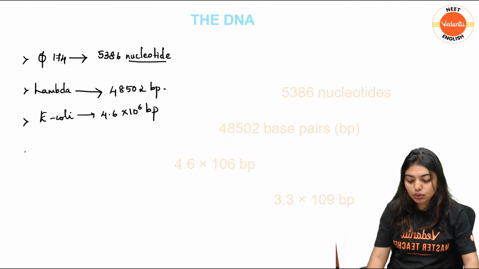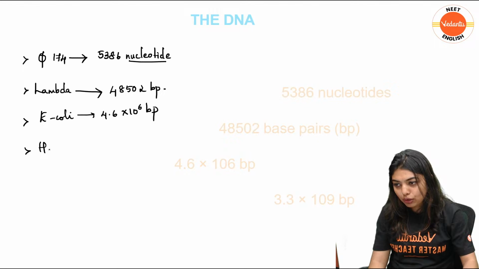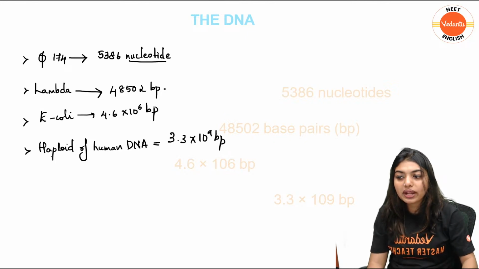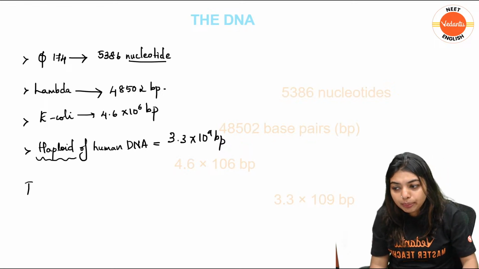And last, we have the haploid content of a human DNA, which is equal to 3.3 into 10 to the power 9 base pairs. Students, a very important question: it is mentioned haploid. Then what about diploid?